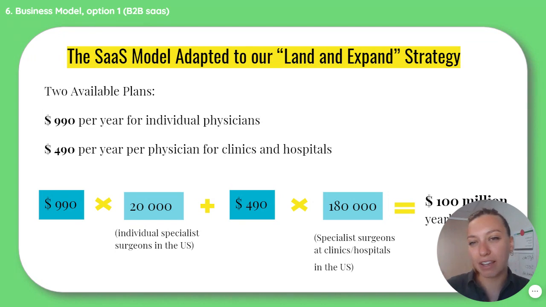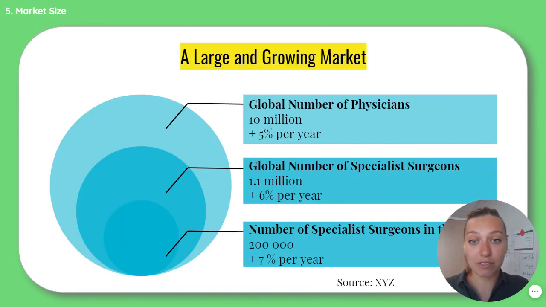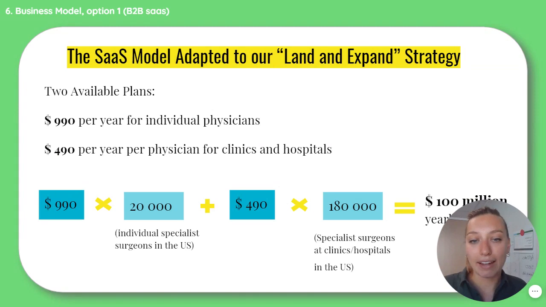So here we have, okay, let's say we have 2 plans for these physicians, and so we took the 200,000 from the other slide, and we split them up. So some are having the more expensive plan, and some are having the cheaper plan.